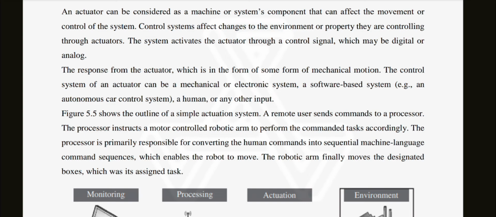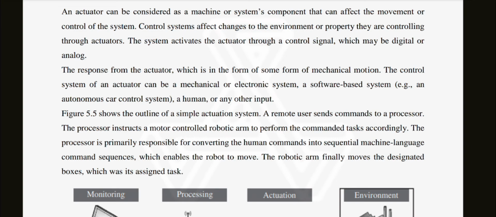The system activates the actuators through a control signal which may be digital or analog. The response from the actuator is in the form of some mechanical motion. The control system of an actuator can be a mechanical or electronic system, a software-based system, for example an autonomous car control system, a human, or any other input.